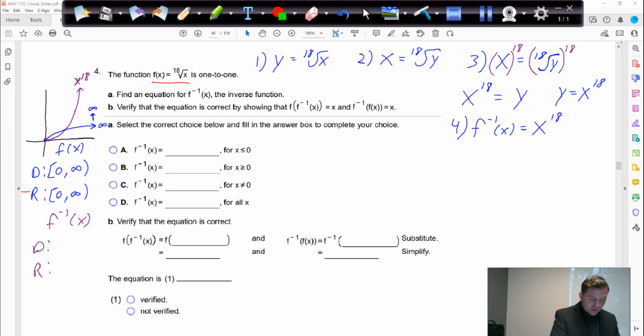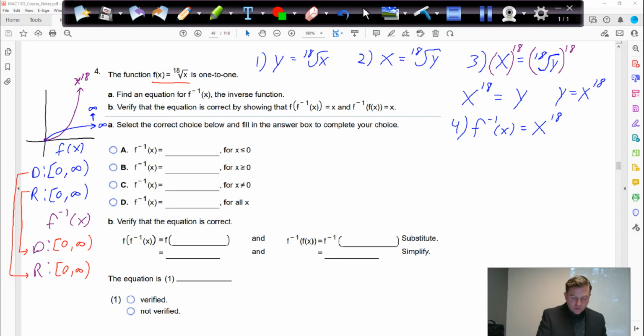This range is going to become the domain of this one, and this domain is going to become the range of this one, but they're both 0 to infinity. And you can see it in the picture. And so that is this one right here. So x is positive or equal to 0. So we're going to record x to the 18th as our inverse function in slot B, because that's the domain, 0 to infinity.